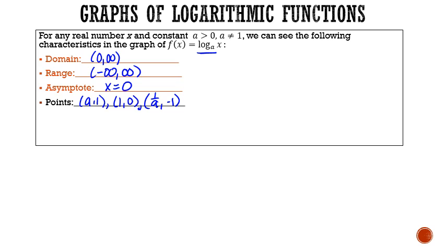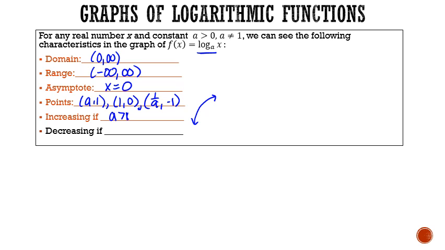And you can see that with the 2 examples that we did previously. The logarithmic function is increasing if your a is larger than 1. So the graph will look like this. And it's decreasing if your a values are between 0 and 1.